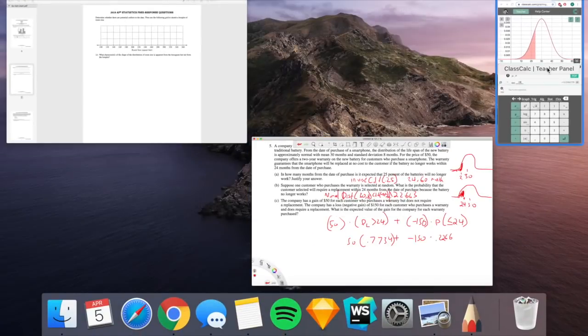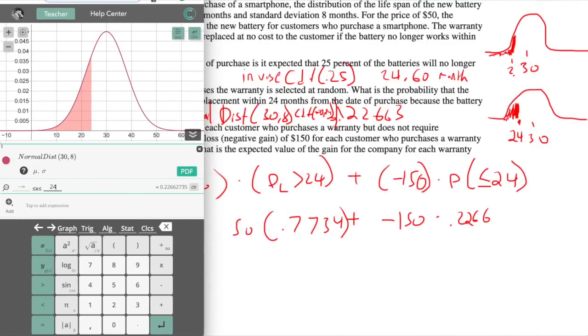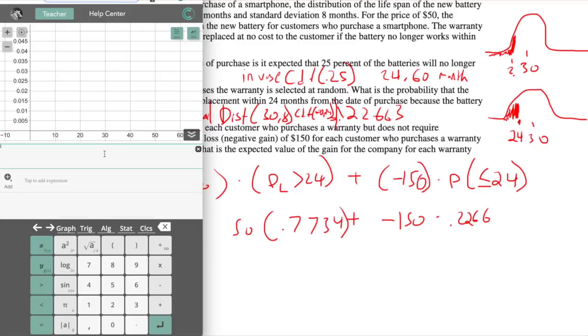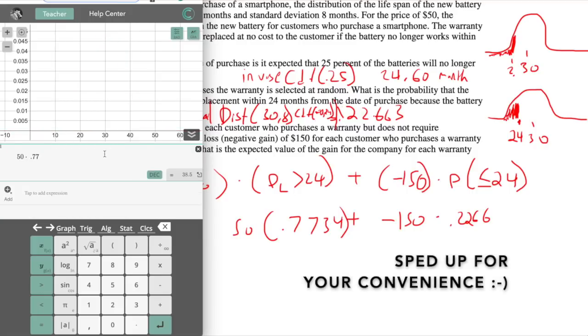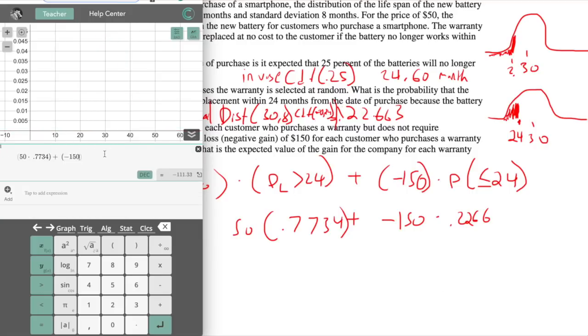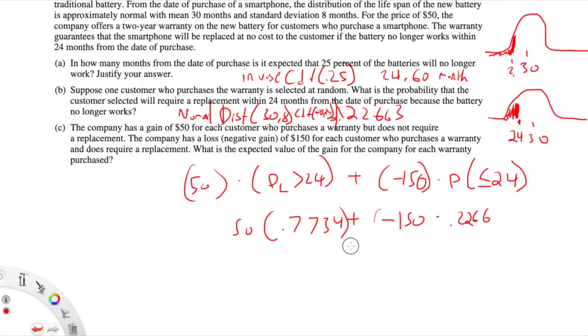So we'll grab our calculator again real quick. So the expected gain is going to be $4.68, which means it is a profitable move for them. There's our answer.